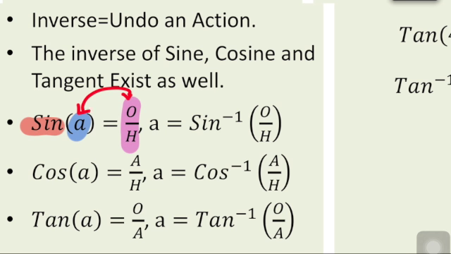So now notice how the A is now on the outside, just by itself by the equal sign, and the O over H is now on the inside of the parentheses. All right, so notice how they swap. And now instead of having the sine, you now have the sine inverse. So it's just the opposite.